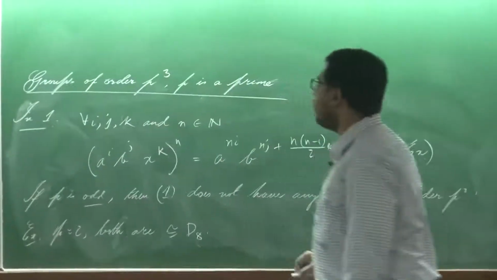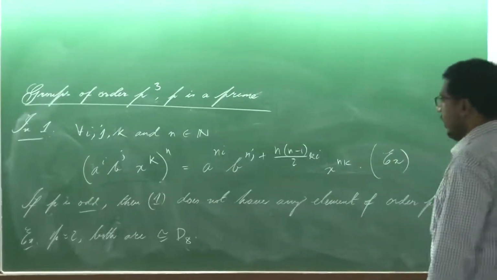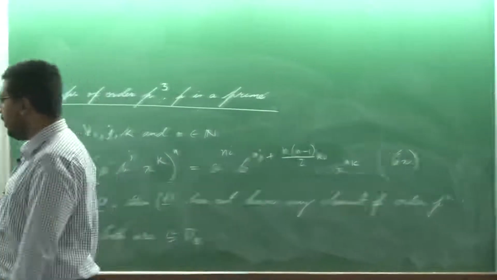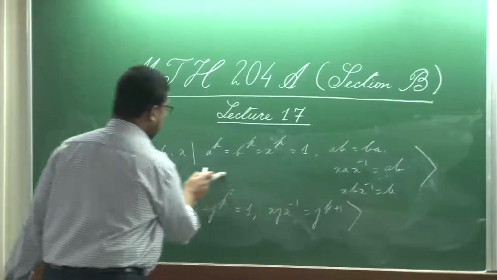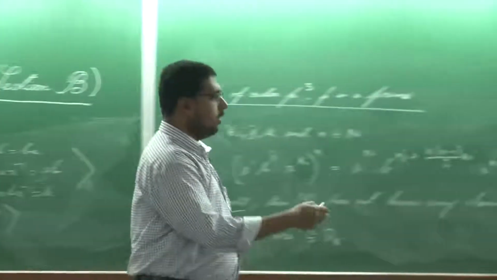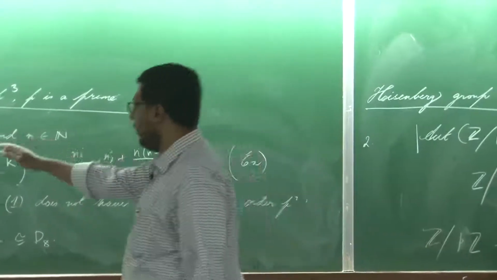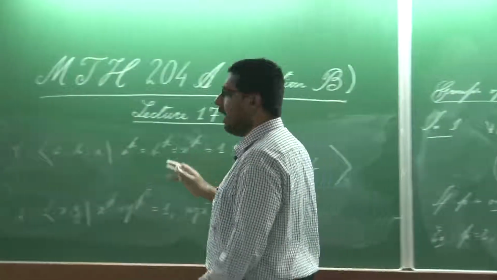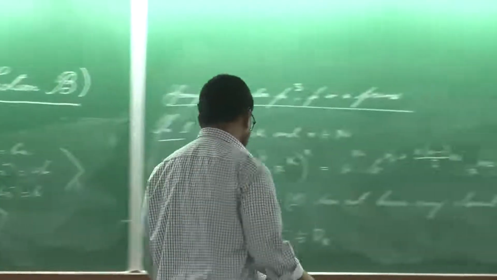In fact, looking at this complicated expression, at first sight it may be difficult to guess how this becomes isomorphic to D8, and it may be difficult to guess the element of order 4. So let me help you out.